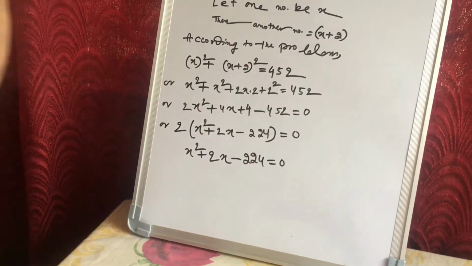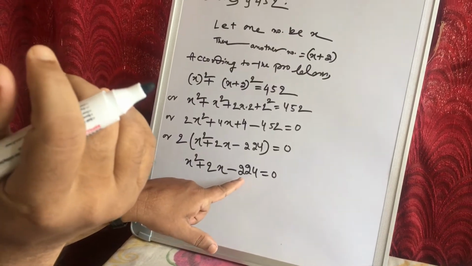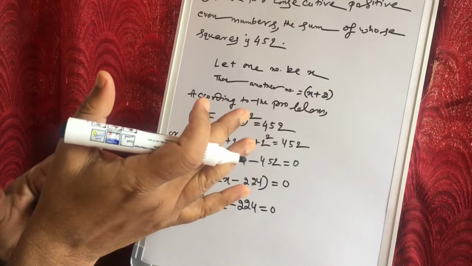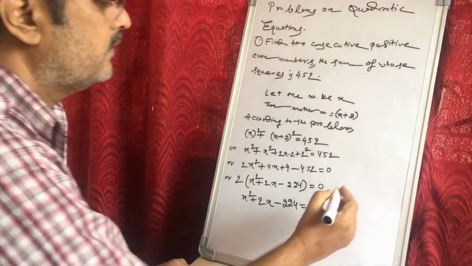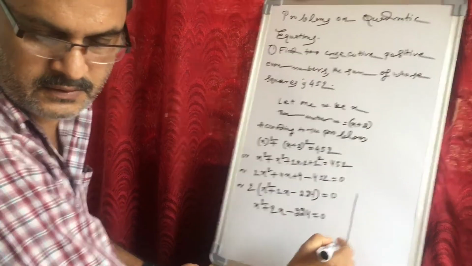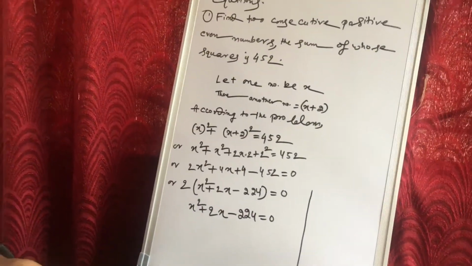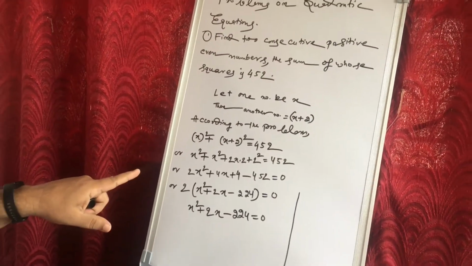Now I have to find out the two factors of 224 such that their addition or subtraction will be equal to 2. Just a minute.